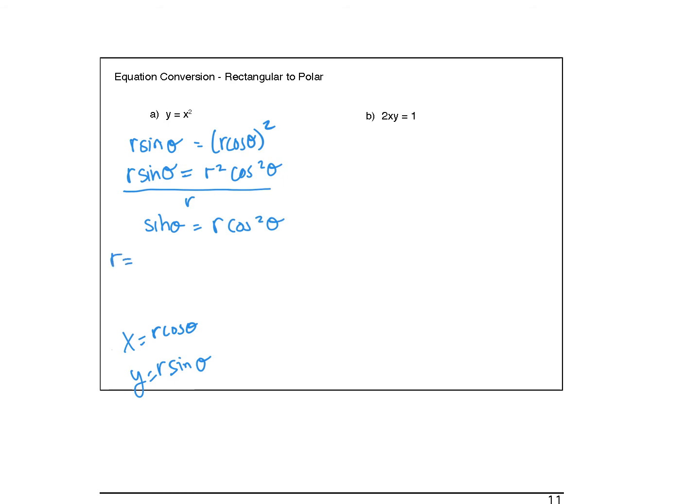So I would have r equals sine theta divided by cosine squared theta, which I could simplify a little bit more, because if I split my cosine squareds, sine over cosine, I have a tan, and 1 over cosine, I have a secant. So I could write it like that.